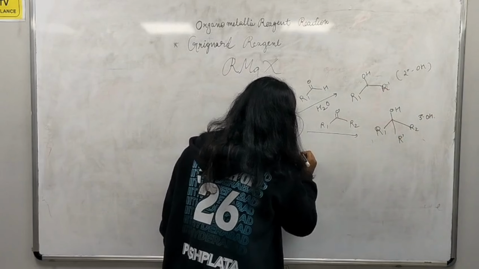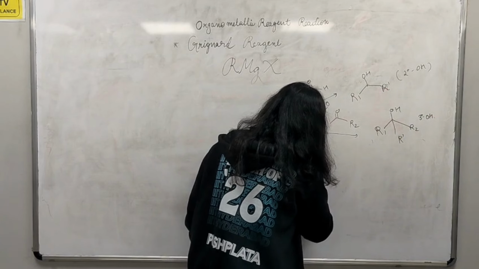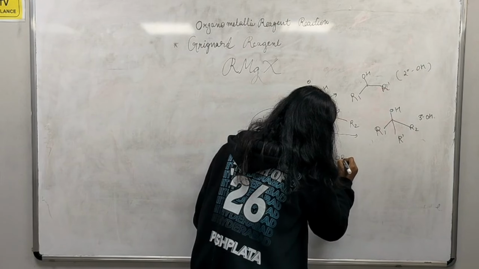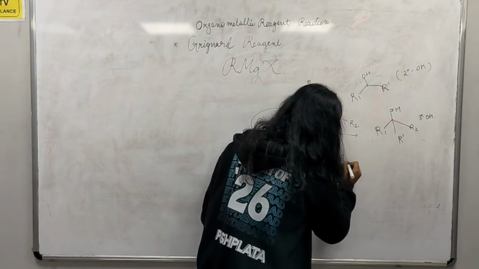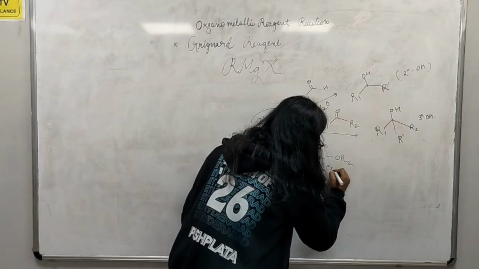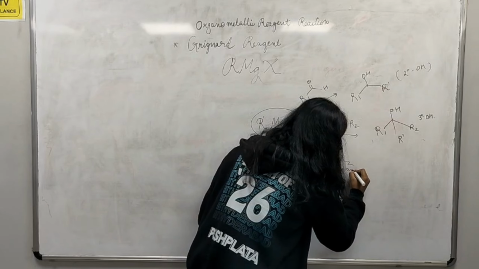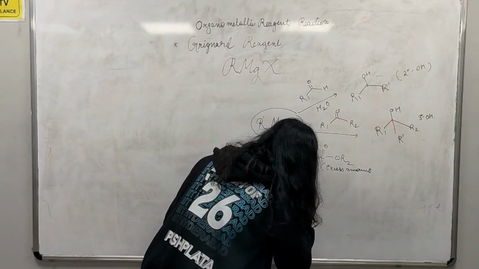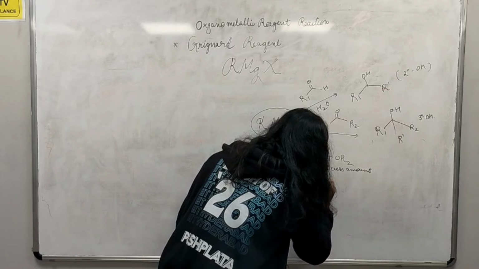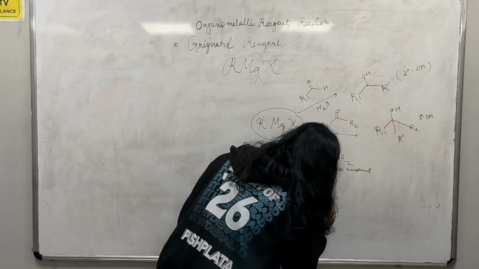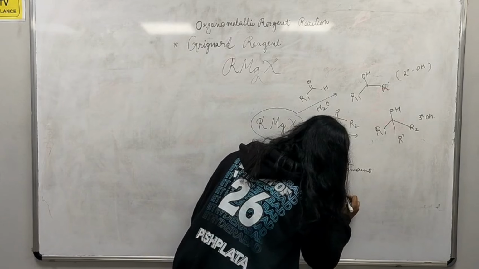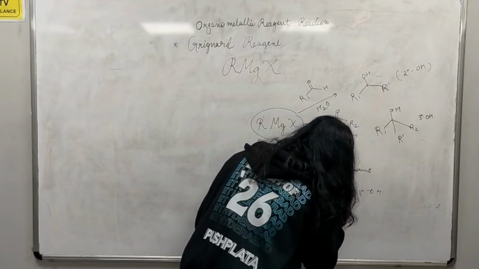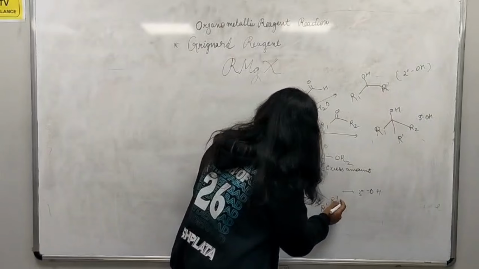Now when reacted with esters in excess amount, it gives 3-degree alcohol. Notice both the alkyl groups will come from the reagent.